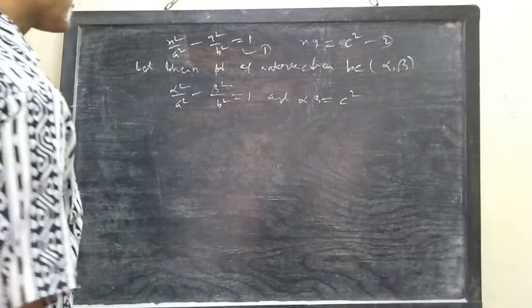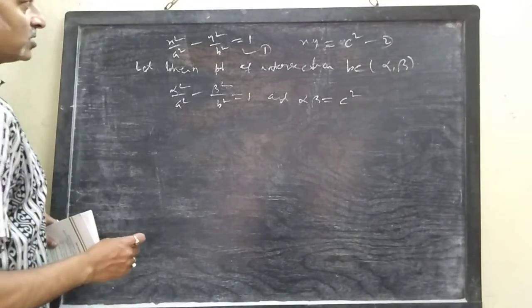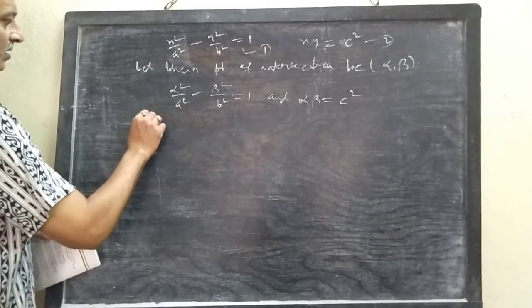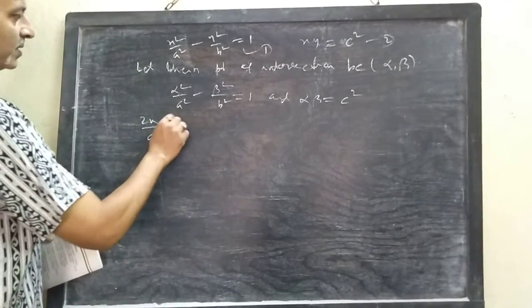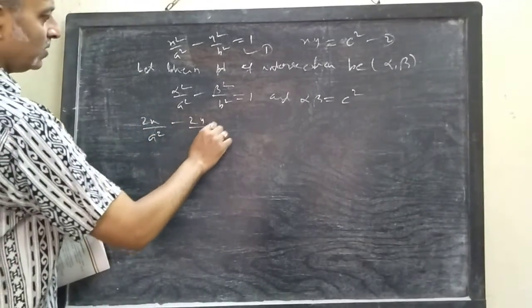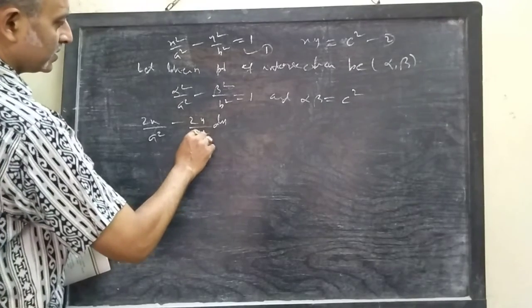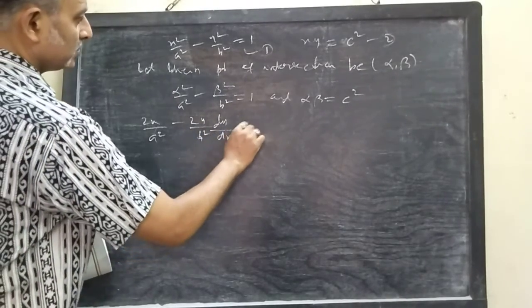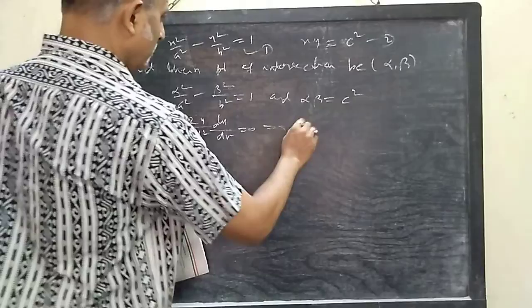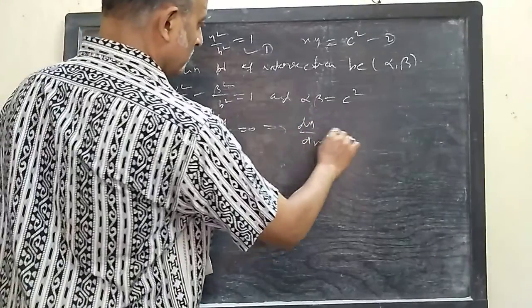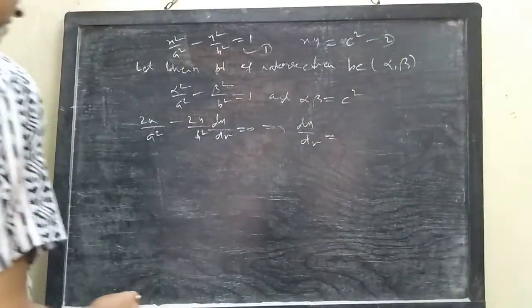Keep it here. Now differentiating both sides of 1 with respect to x, we get 2x by a square minus 2y by b square dy dx equals 0.